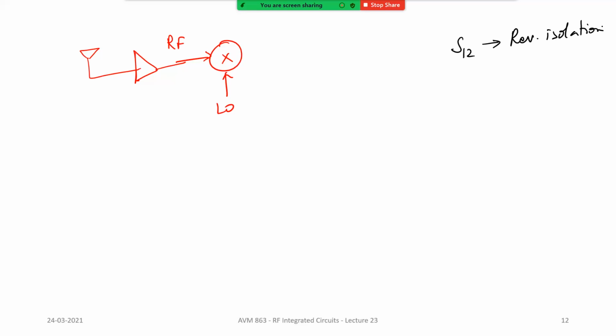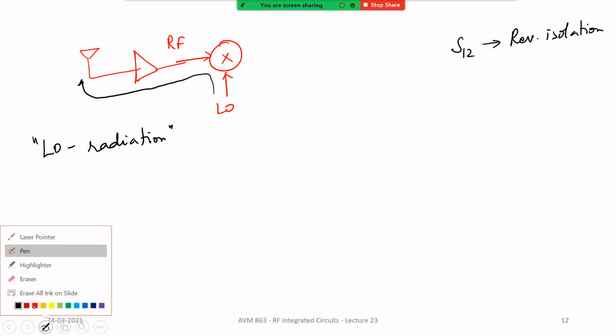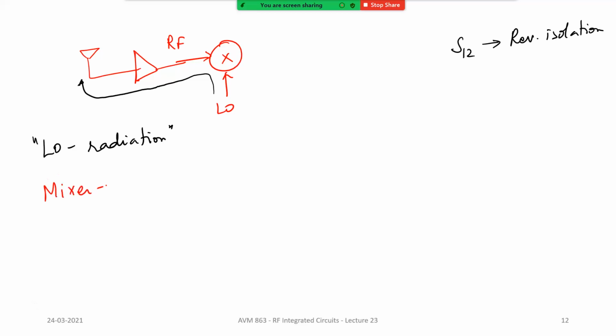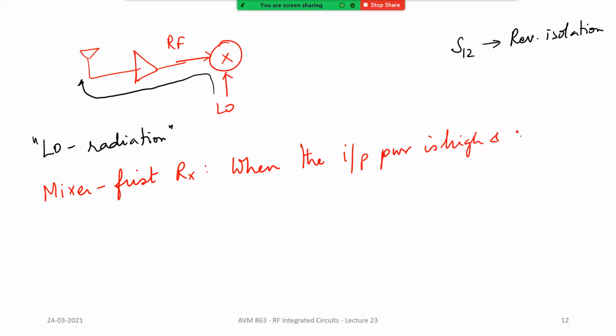So what can happen is, this LO can leak through this and get re-radiated through the antenna. That is also possible, and that is what is called LO radiation. This problem becomes more severe in what are called mixer first architectures. Mixer first receivers are used in scenarios where the input power is high and noise figure can be compromised.